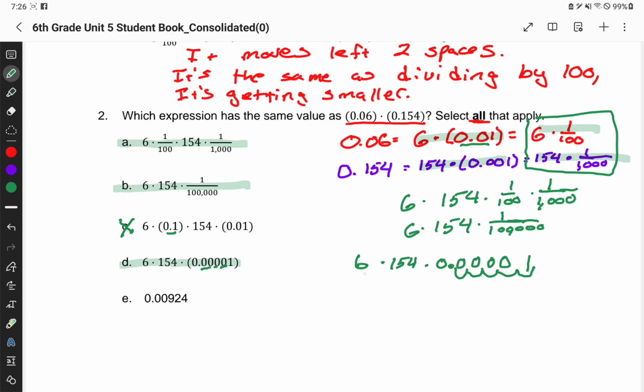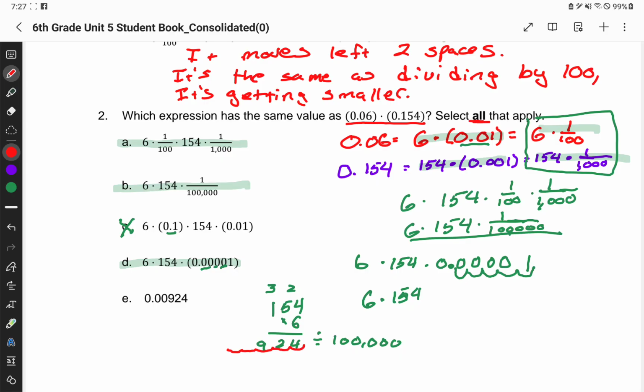Well, 154 times 6, that's 24, carry 2, 32, carry 3, 6 times 1 is 6, plus 3 is 9, so 924. Then divide by 100,000, because using this one, we move the decimal place 5 times. 1, 2, 3, 4, 5.